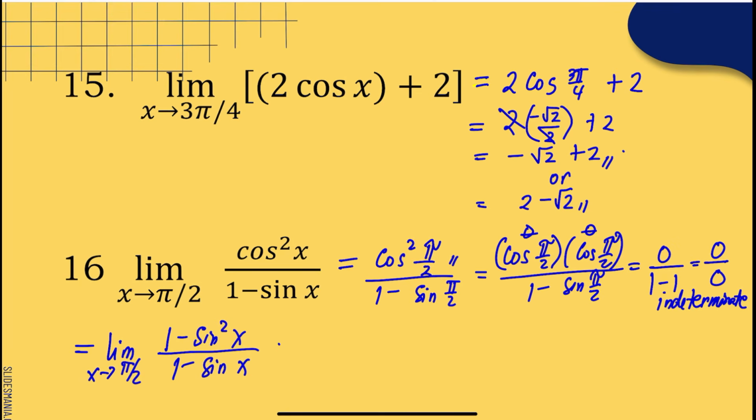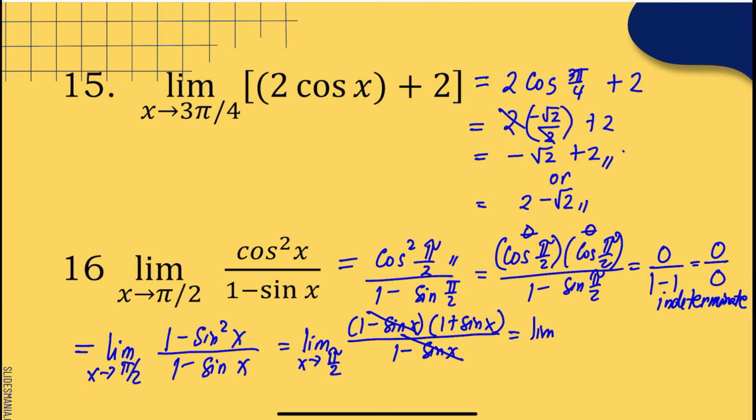Factor the numerator. 1 minus sine squared x is equivalent to 1 minus sine x times 1 plus sine x over 1 minus sine x, where x approaches pi over 2. Cancel 1 minus sine x. So the remaining term here is 1 plus sine x, where x approaches pi over 2.